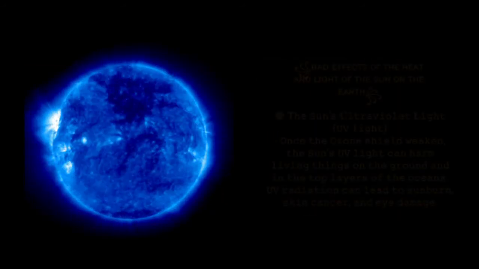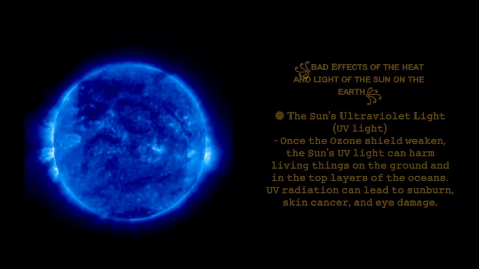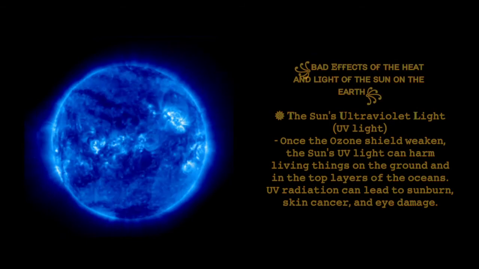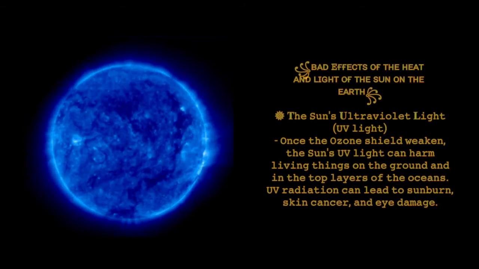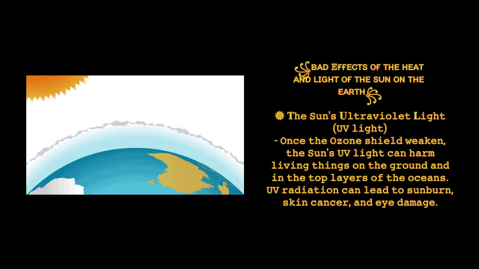The second is the sun's UV light, or ultraviolet light. Aside from its heat and visible light, the sun also shines in ultraviolet light. Ozone in Earth's upper atmosphere blocks much of the UV. However, pollution can weaken the ozone shield.